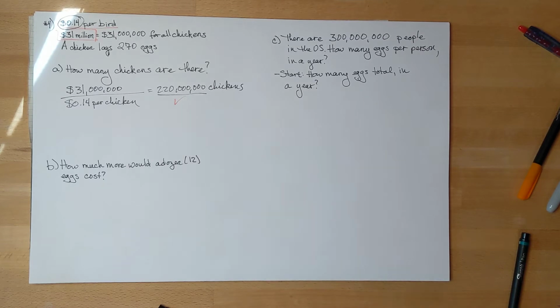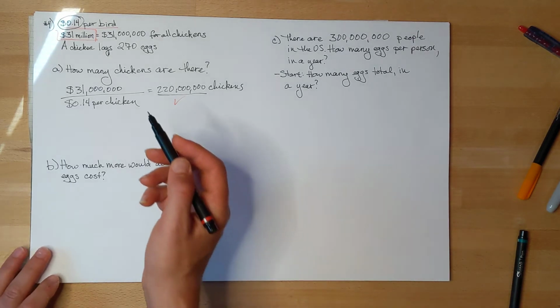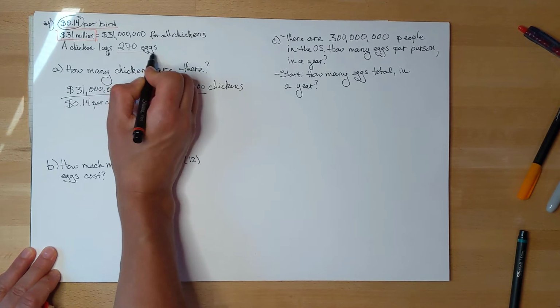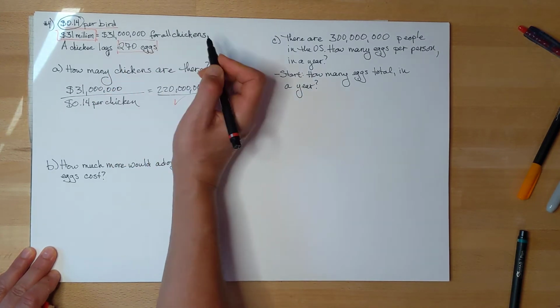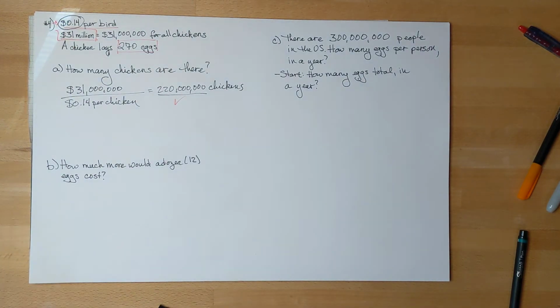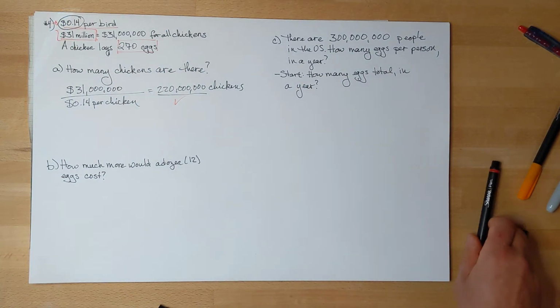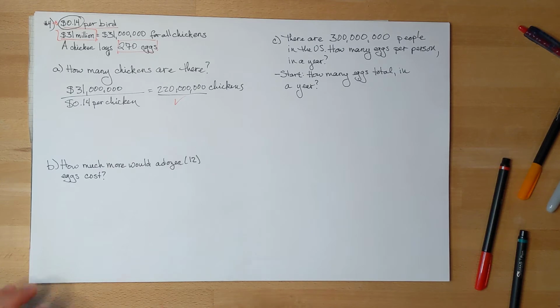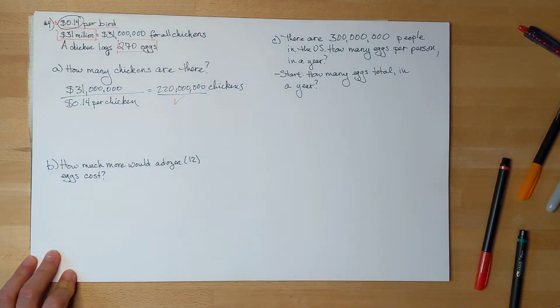Now the next question, if we're doing this, the concern is it's going to raise the price of eggs. So how much will it raise the price of eggs? Well, we've got two useful facts here. We know how many eggs a chicken lays, and we know how much it costs to vaccinate that chicken. So this tells us we can spend 14 cents to protect 270 eggs.